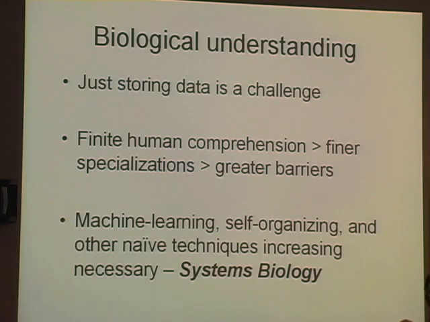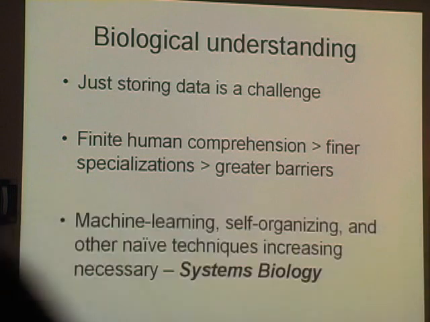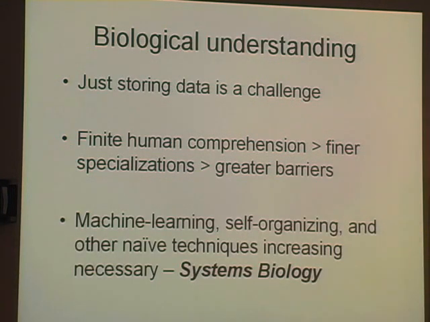Today, just storing and accessing some of the biological data sets is becoming a real challenge because there's no real commercial model to support the growth of the server systems and the data systems. Most of it is publicly supported. And of course, there's our limited finite comprehension. We simply can't wrap our brains around biology.